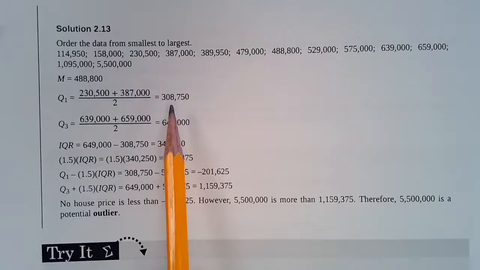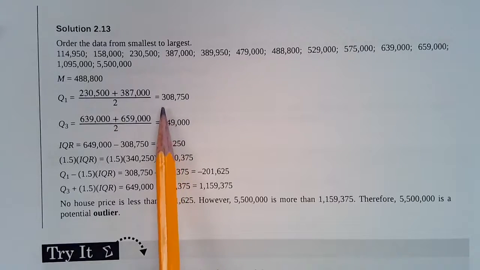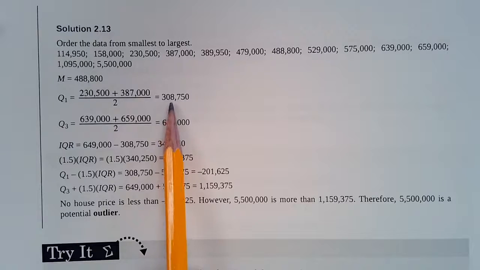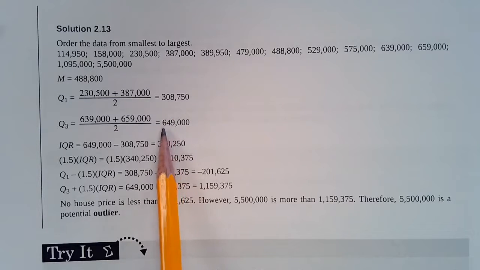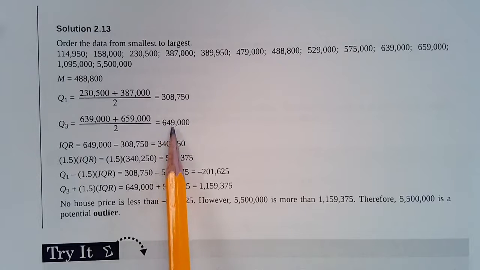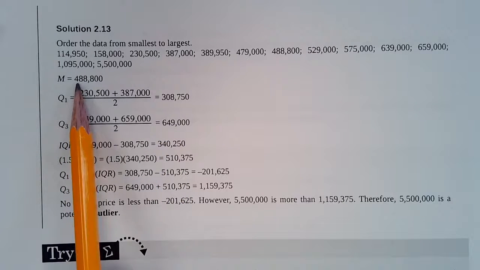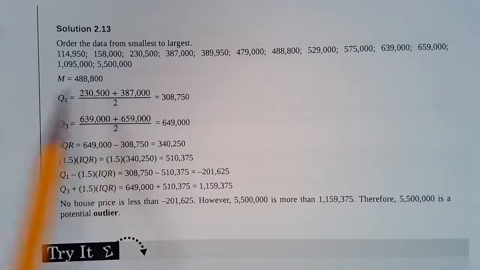All right, so our first quartile was 308,750, and our third quartile was 649,000. Our second quartile, or our median, was 4,880. Okay, so you can figure it out that way, or you can have your calculator do it. Either way, it doesn't matter.